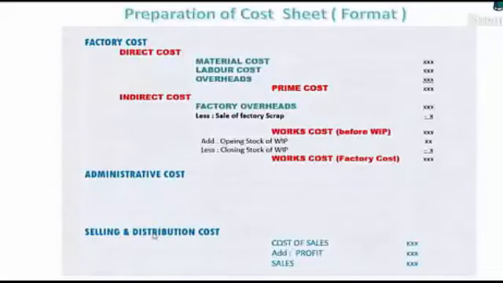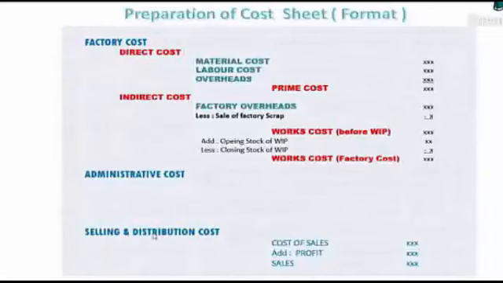So this is the basic calculation so far as factory cost is concerned. In factory cost, all the combinations of classification of cost are used. Subsequently, there may not be so many complications, but only in factory cost there are complications. Once again to repeat, factory cost is broken up into two parts: direct cost, indirect cost. All direct cost total is called prime cost.